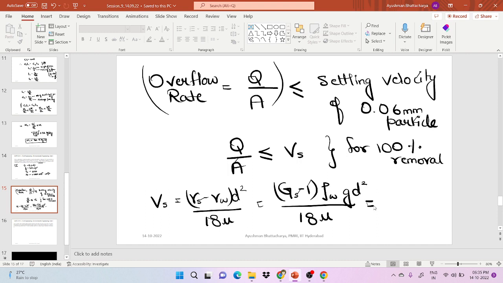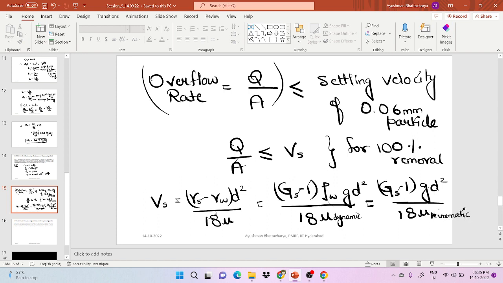Again you can write it as Gs minus 1, g d square by 18 mu. The difference between these expressions is, if you consider this expression, it has dynamic viscosity. But in this expression, since I have considered rho w in it, it is kinematic.